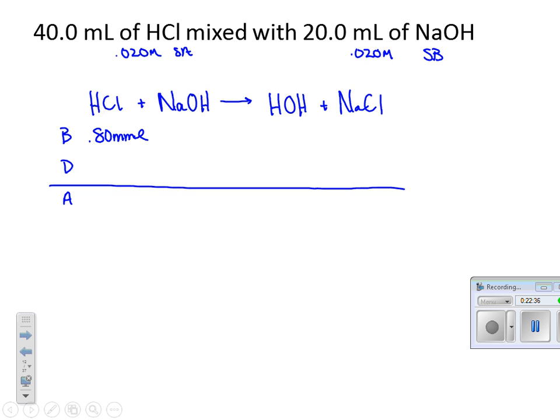And 20 times 0.02 is 0.4 millimoles of sodium hydroxide. Determine the limiting reagent. We know that with a 1-to-1 mole ratio, whichever one is smallest will be the limiting reagent. So hydroxide goes to 0. Don't forget to show your mole ratio, even though it's a 1-to-1.